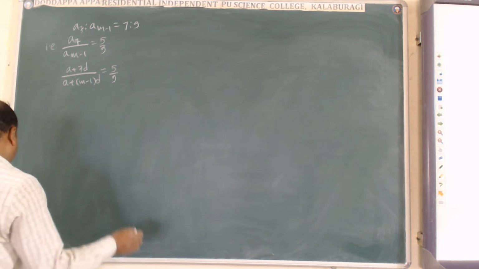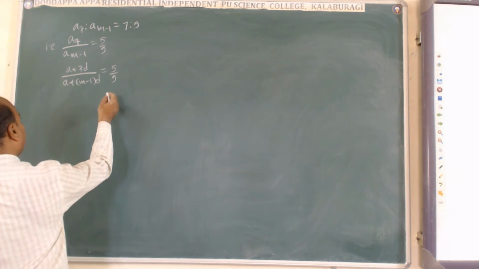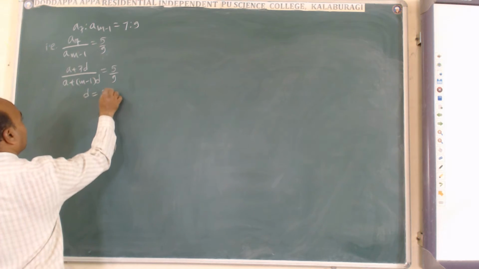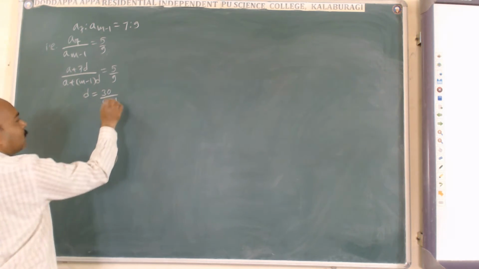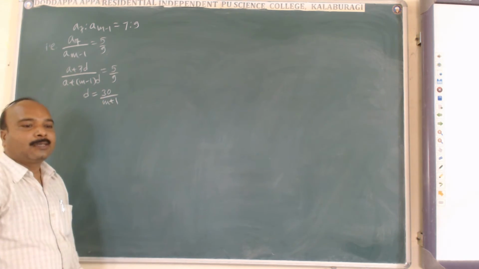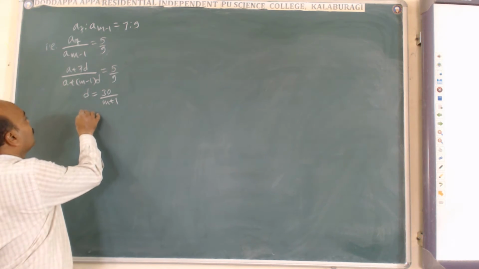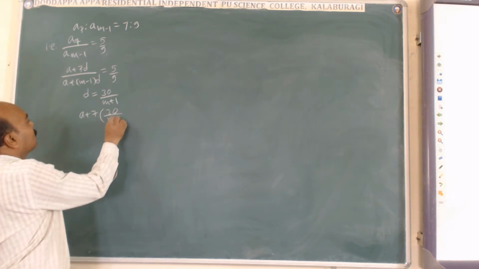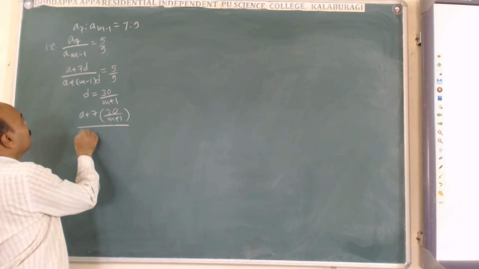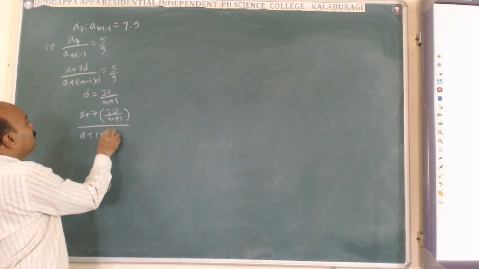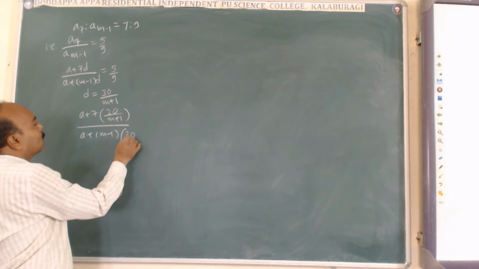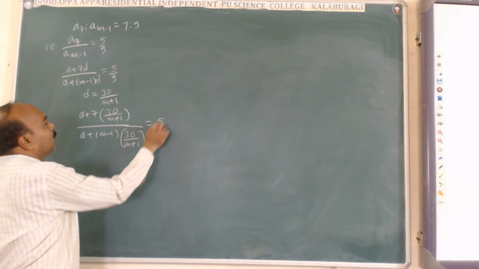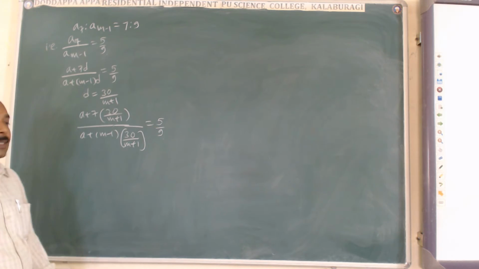Now we simplify this by putting the d value. The d value we get is 30 by (m plus 1). Already we got this d value. Substitute here. It is a plus 7 into 30 by (m plus 1) divided by a plus (m minus 1) into 30 by (m plus 1) equals 5 by 9 as it is.